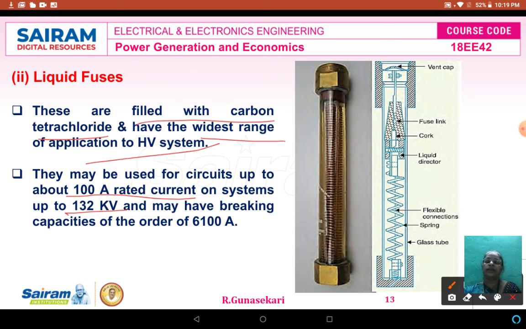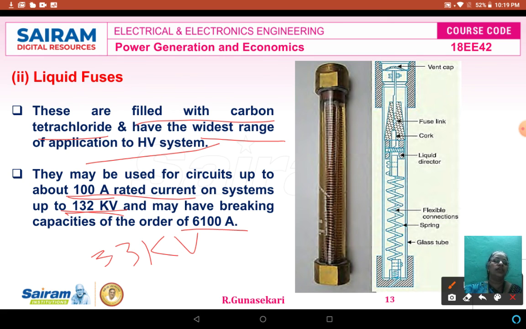Compared to cartridge fuses, which are used only up to 33 kV, liquid fuses can be used up to 132 kV. The breaking capacity, that is the current, of the liquid fuses is 6100 amps.